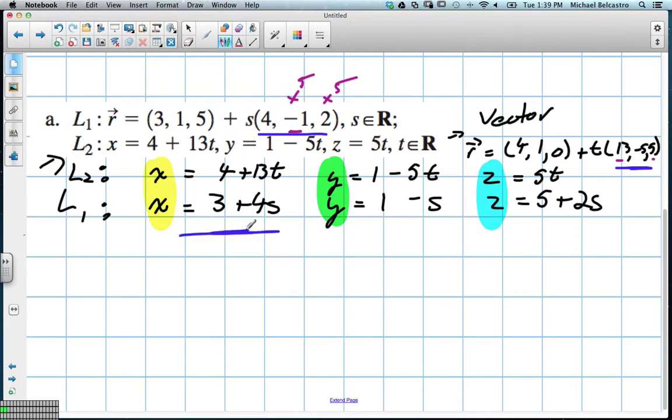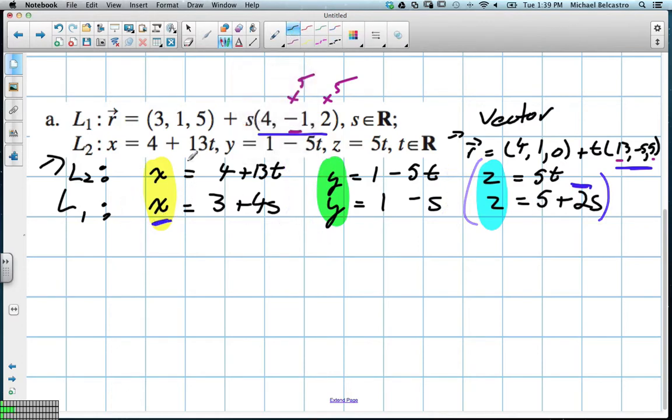Because we have 2 equations and 2 variables, we can use them to solve for each of these parameters. We'll take any pairing we like. To keep it simple, it's actually probably easiest to work with z, but we'll stick with x.